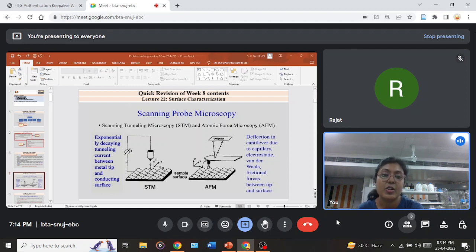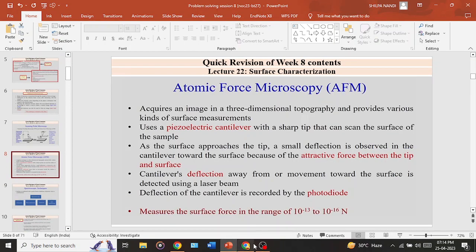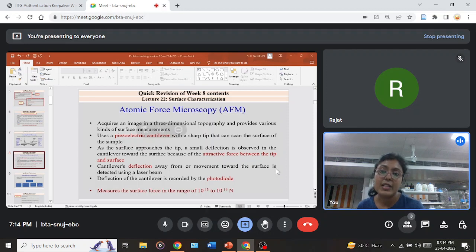So basically, AFM measures the surface force in the range of 10 power minus 13 to 10 power minus 16 Newton. So AFM basically acquires an image in 3D topography and provides a kind of surface measurement.